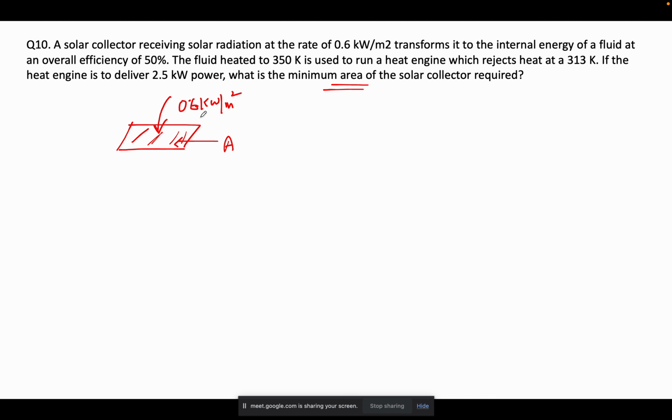That means 50% of whatever is received is used to increase the internal energy. So the energy used to increase the internal energy of the fluid is 0.6 into 50%, that is 0.5.